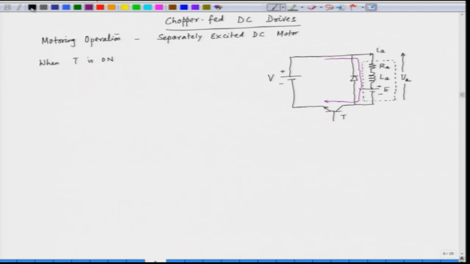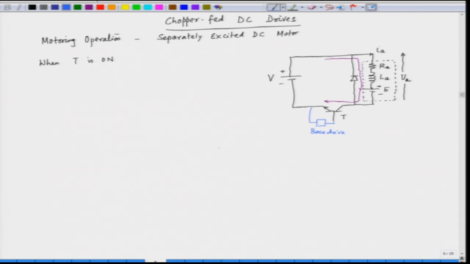We can apply the gate drive, or base drive, to turn the transistor on. So, the current flows from the source through the load back to the source.